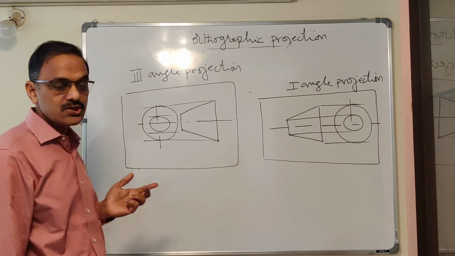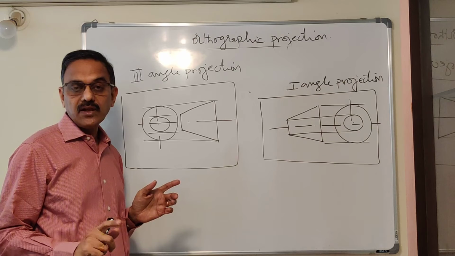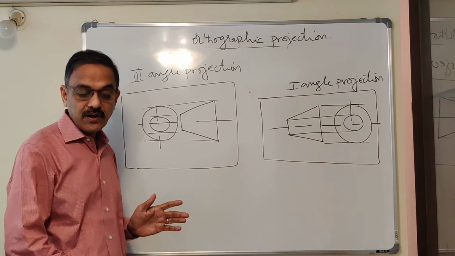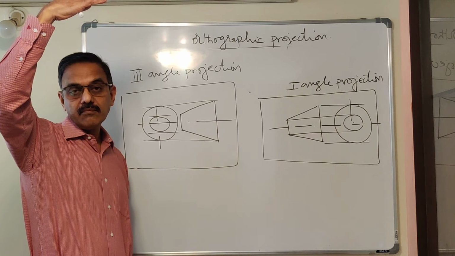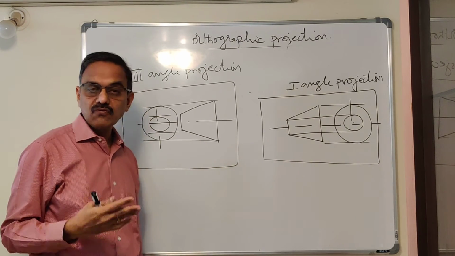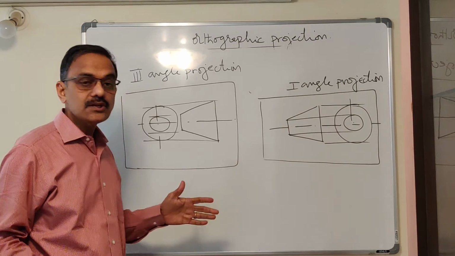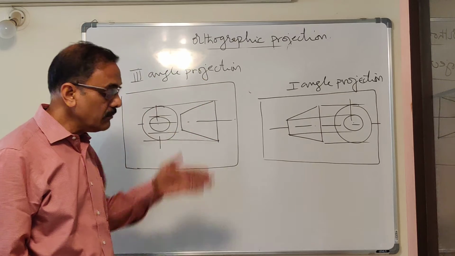Moving on to third angle projection, I changed only one plane, that is the horizontal plane. Instead of a ground, I consider it to be on the top, on the roof. What was important in third angle projection was that the planes are assumed to be transparent, because the plane comes in between.